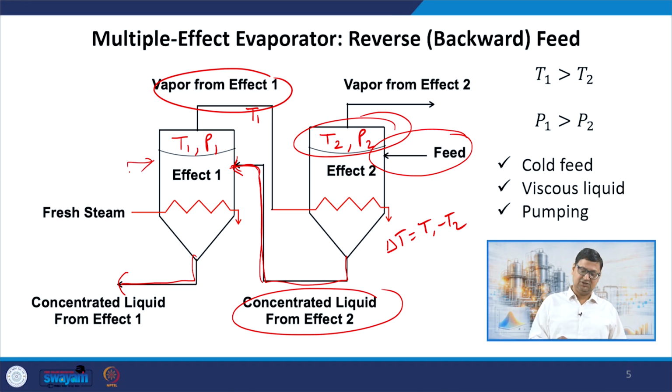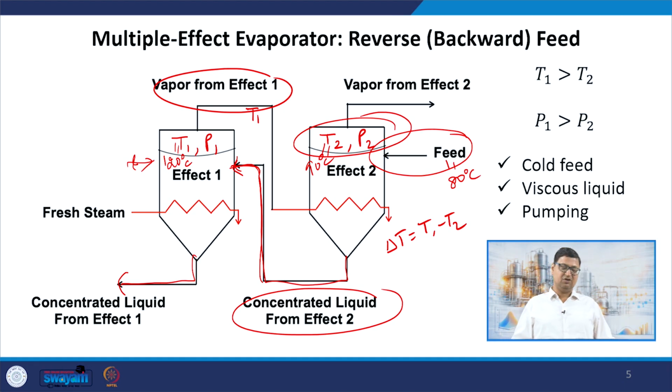Let us say if this is operating at T1 equal to 120 degrees Celsius and this is operating at 90 degrees Celsius and my feed is at 80 degrees Celsius. If I am doing forward feed, I have to increase the temperature of feed by 40 degrees Celsius, 120 minus 80. On the other hand, if I am doing reverse feed, then I have to raise the temperature of feed to the 90 degrees Celsius only, right?